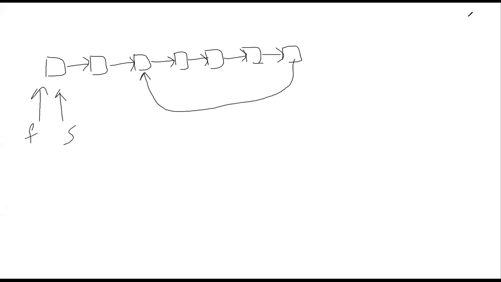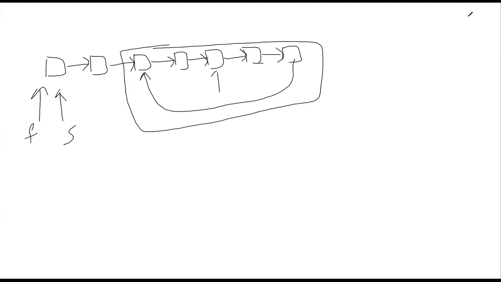The slow pointer will take one step at a time and the fast pointer will take double the steps. At some point, both of them will be part of this loop. Suppose the fast pointer is here and the slow pointer is here. If you keep running the loop, slow pointer by 1, fast pointer by 2, at some point they are bound to intersect.